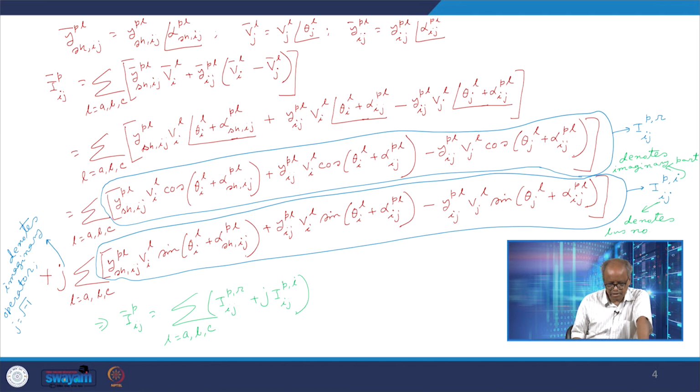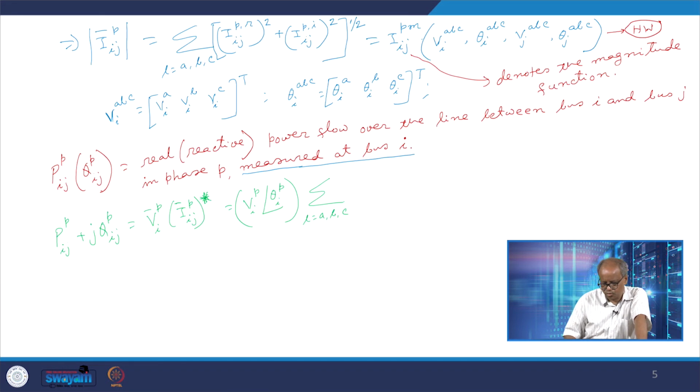So, I will use this expression: y shunt_ijpl V_il, and y_ijpl V_il, because it is star.